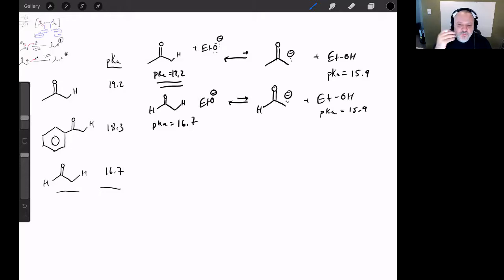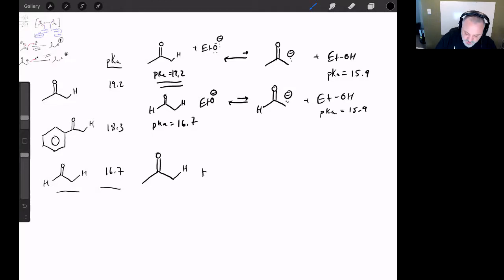So in order to form enolates in any large quantity, we need to use really strong bases. And so there's going to be two common options. One common option will be to take advantage of Le Chatelier's principle and remove one of the products that's formed.